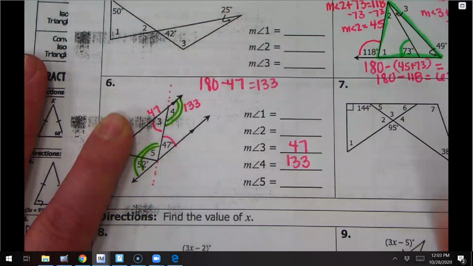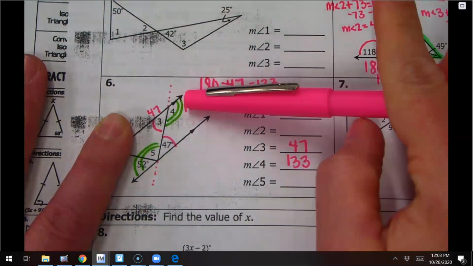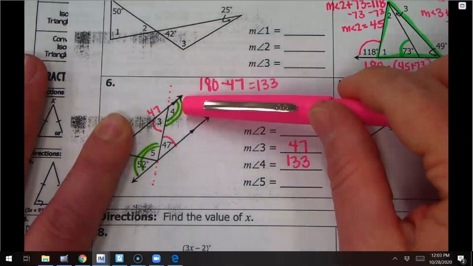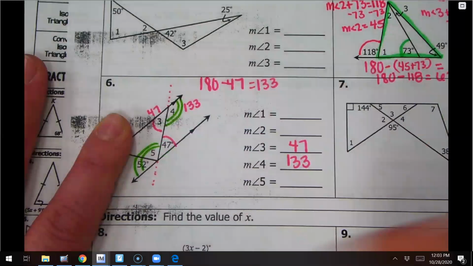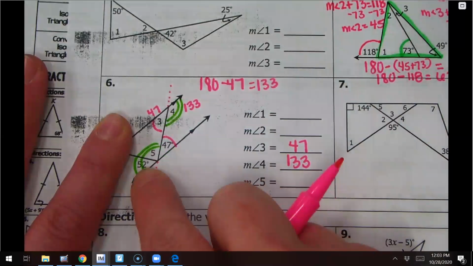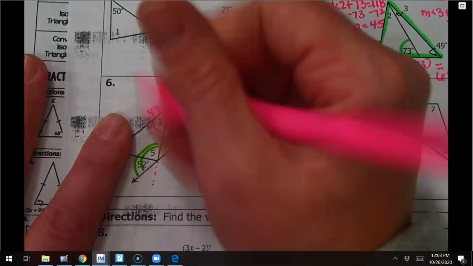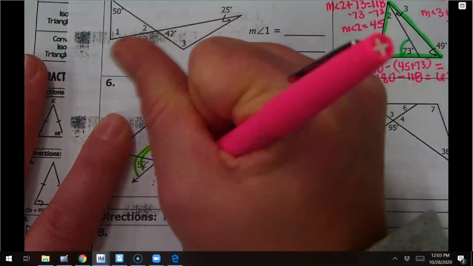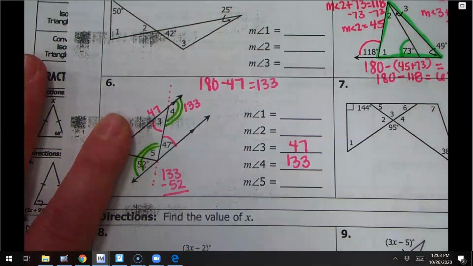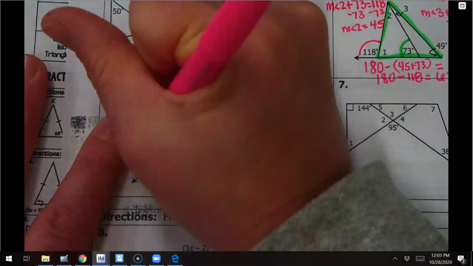Now, if 4 is 133, that means this green one down here is also 133, the whole thing. This part is 52. So to find 5, I'm just going to do 133 minus 52, which gives me 81. So that means angle 5 is 81.